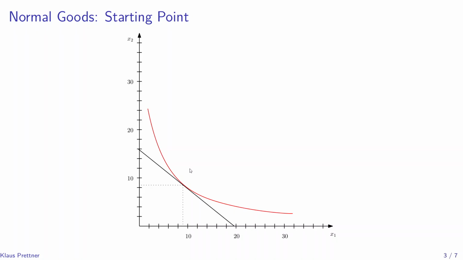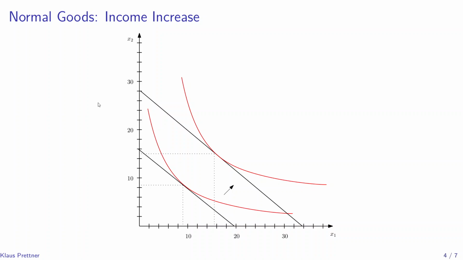Now the budget that is available to the consumer changes. The case we consider here is an income increase, or a budget increase, so that the person who chose this consumption point before has more money available to spend on the two goods. So what would happen then?